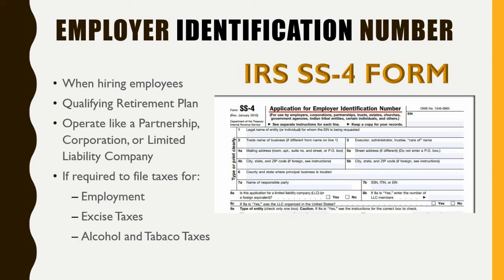Especially like a grocery store that has tax exemptions because they sell food products. So anything that has special taxes, you definitely want to make sure that you get an employer identification number. Okay, so you submit this to the IRS. I believe you can submit it digitally, okay, or you can go to any bureau and submit to the IRS.